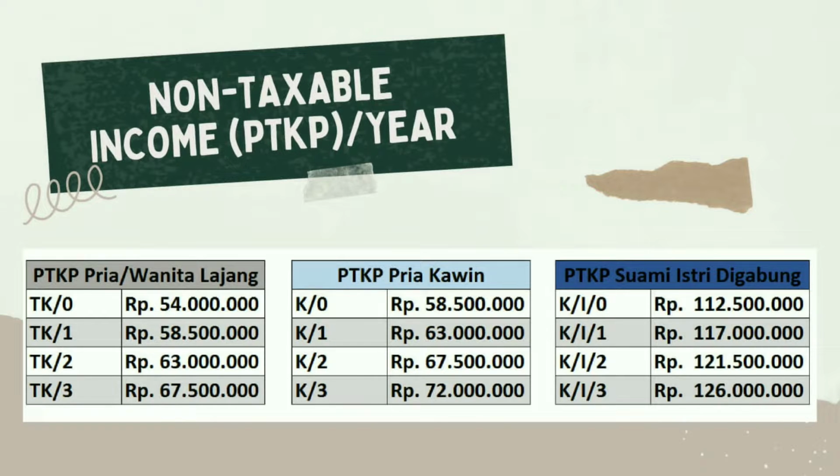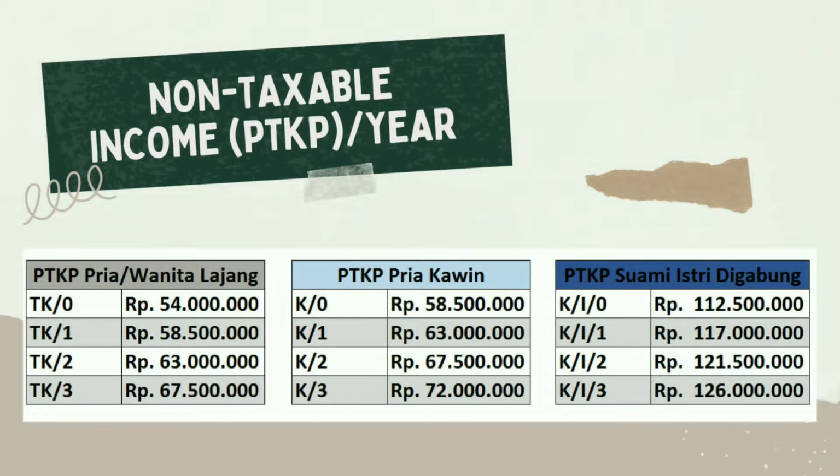Then if there is one dependent, married or K1, then from K0 plus 4,500,000 rupiah produces 63,000,000 rupiah. Then if you have two dependents, a wife and children, then add from K1 plus 4,500,000 rupiah to 67,500,000 rupiah each.